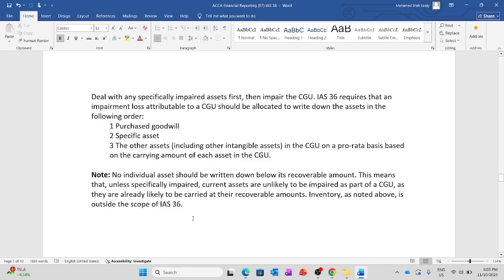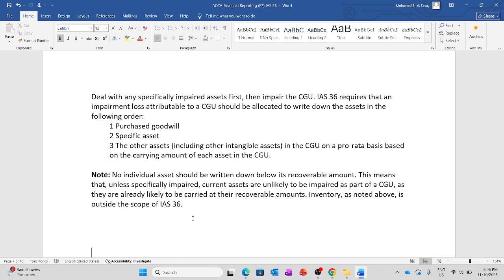Note, note, note. No individual asset should be written down below its recoverable amount. We are not going to write the asset down below its recoverable amount. At least the asset value should be equal to the recoverable amount. This means that unless specifically impaired, current assets are unlikely to be impaired as part of the cash generating unit.